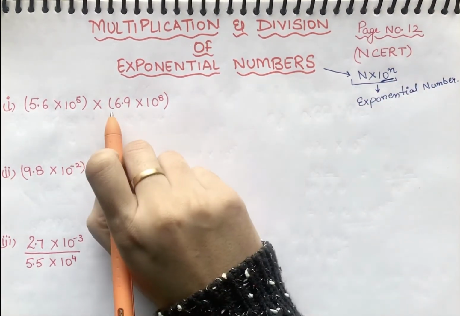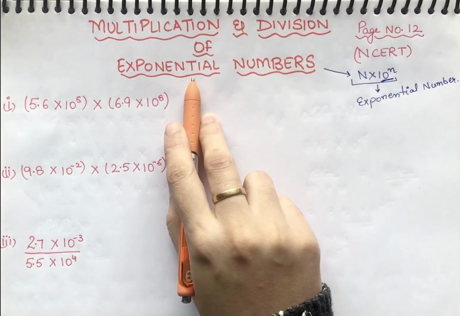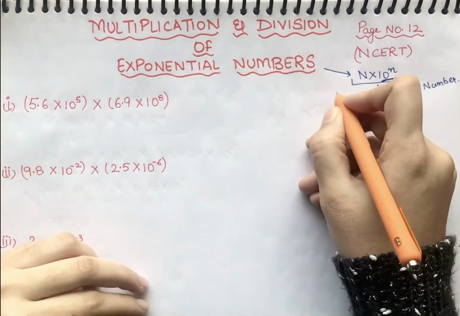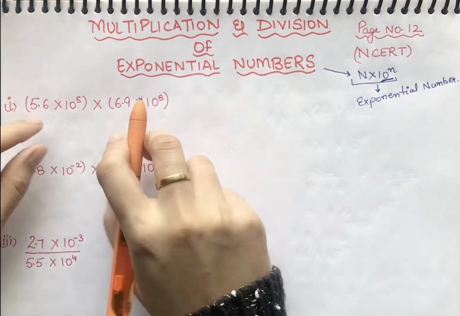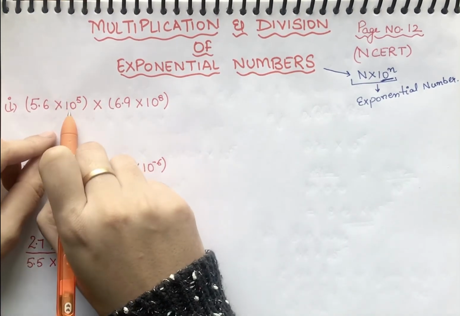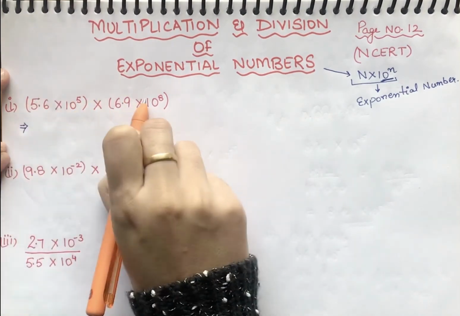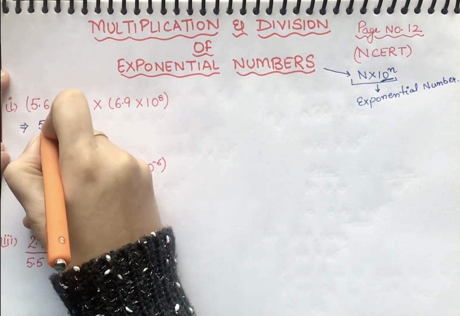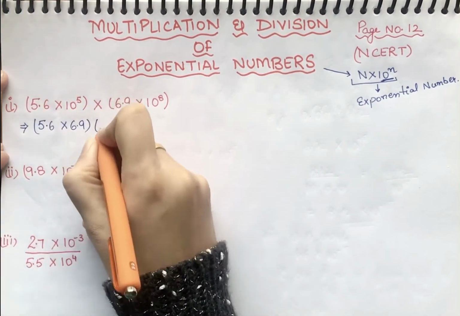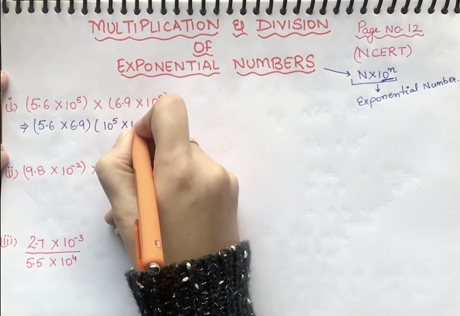Now how can we process multiplication and division in terms of exponential numbers? There is a very basic rule: if you have exponential numbers with powers, how can you multiply or divide them? I'll simply take the numbers separately, 5.6 into 6.9, and here 10 raised to power 5 into 10 raised to power 8.